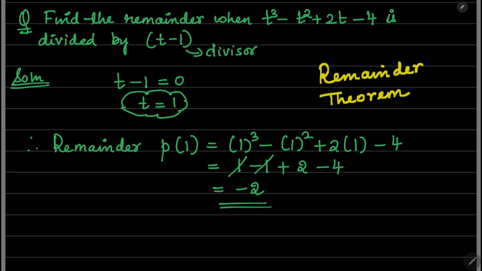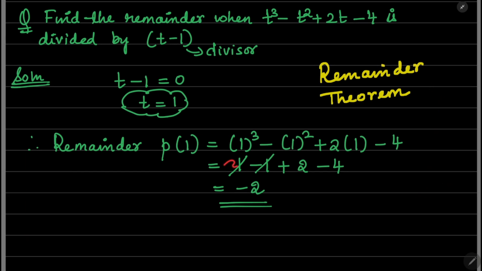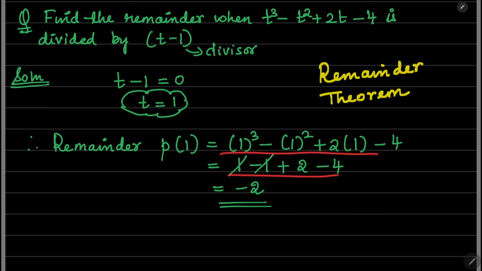The steps are: equate the divisor to 0, find the value of the variable, and then the remainder will be equal to the polynomial at that variable value. Just solve it. You can do it in less than 1 minute. It just needs some practice, and when you're substituting the value and solving it, you have to be very, very careful.